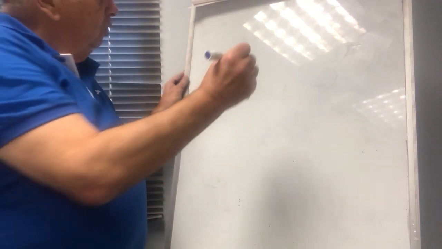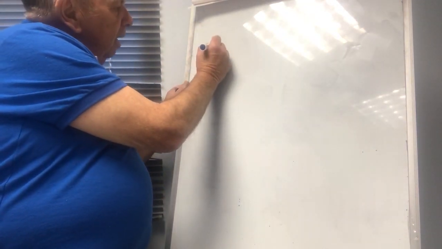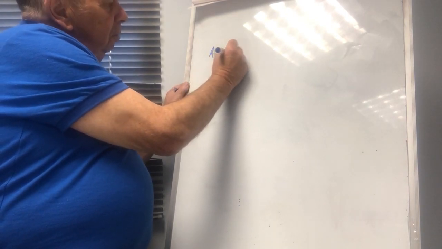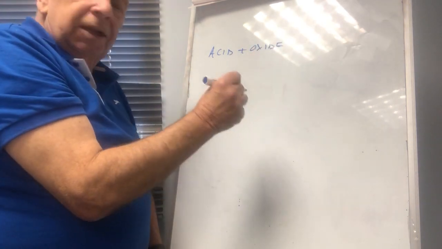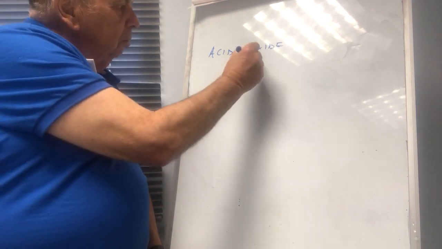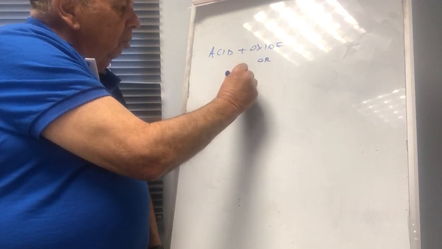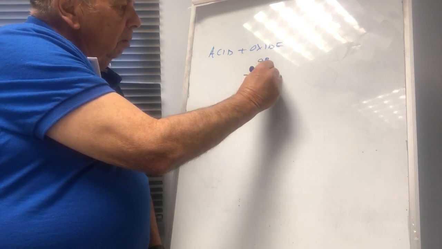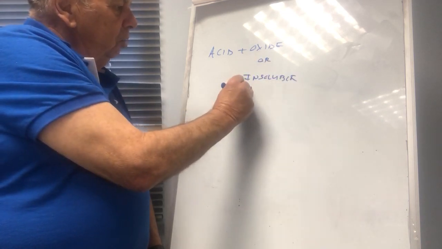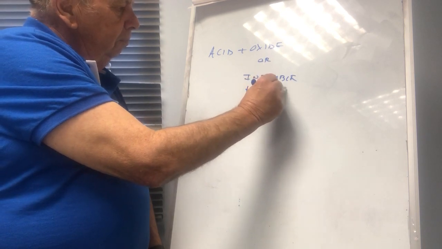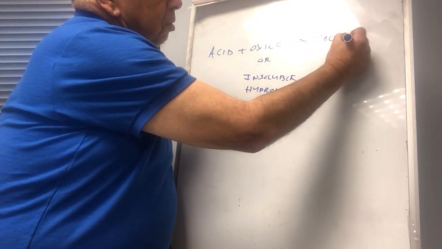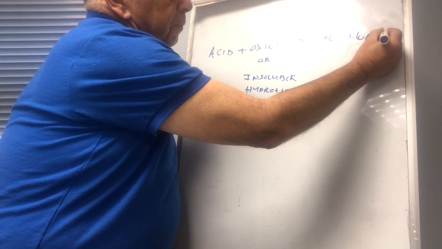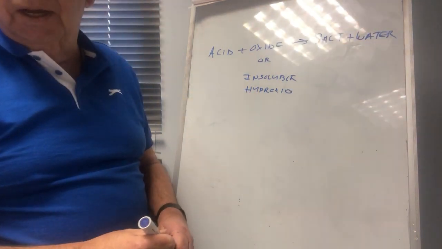For example, if I took, let me write that down, acid plus an oxide, or an insoluble hydroxide, that's going to give me a salt plus water again. Let's look at an example.